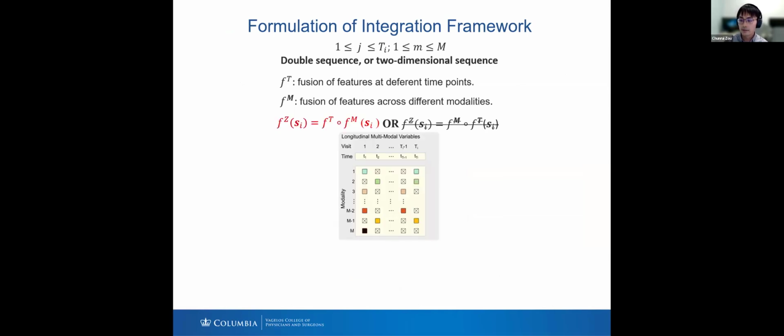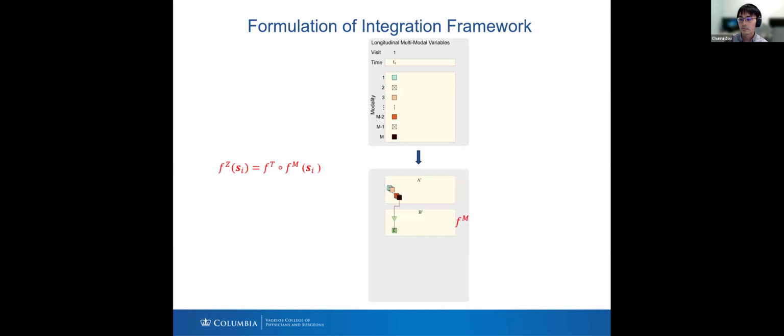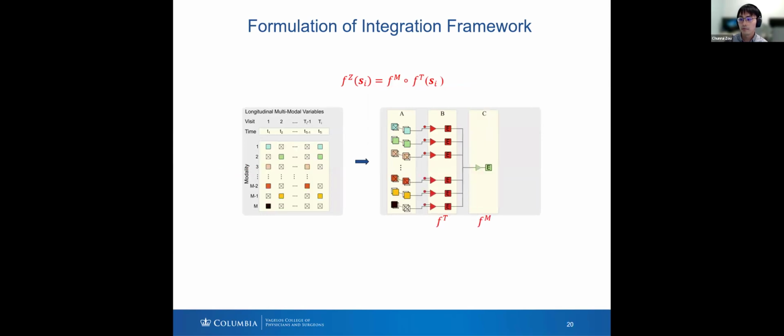First, integrate across modalities. If we consider 1D integration in a sequence manner, or we can first integrate across time points, followed by the integration across modalities.